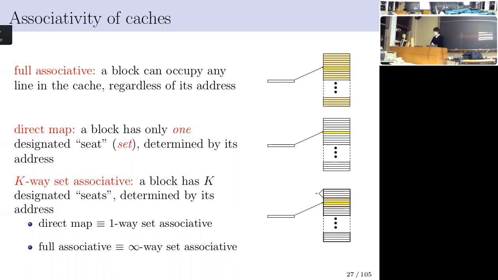We can liken it to an office with free address seating. In a fully associative cache, it is a complete free-address office, right? You have so many seats, and when you enter the office, you can be seated at any seat you want, as long as it's free.